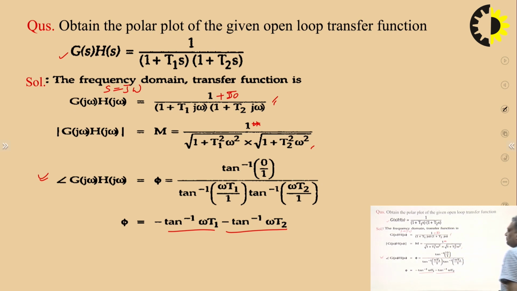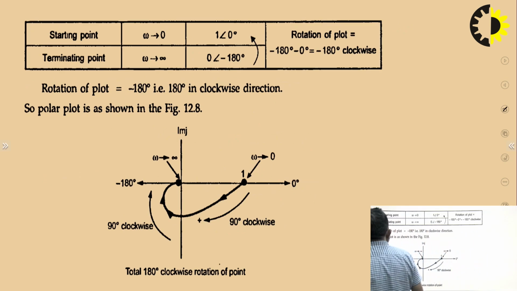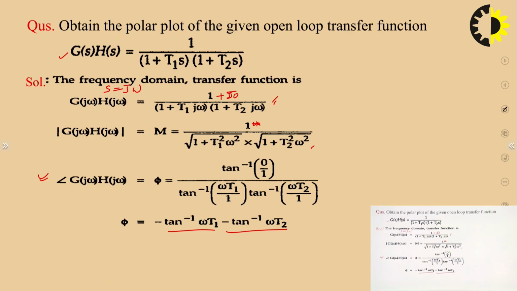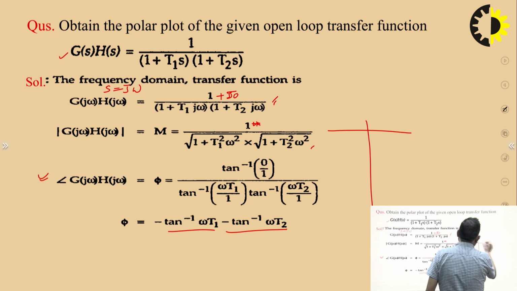Now we will vary the frequency from 0 to infinity and check how the magnitude and phase angle vary when we change the frequency from 0 to infinity. We can make a table like this: here is ω, here is the magnitude, and here is the phase angle.